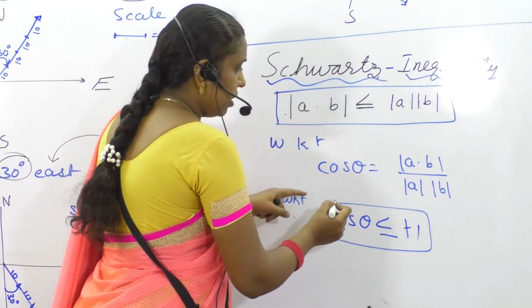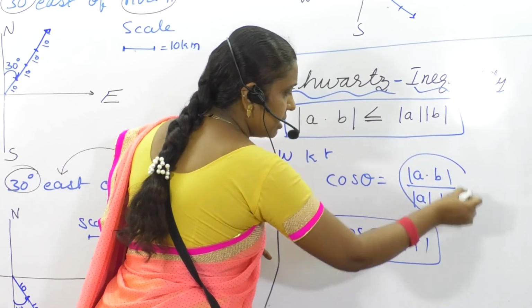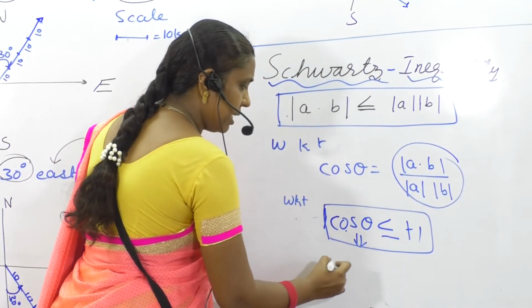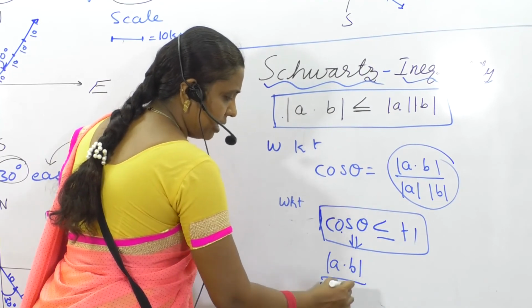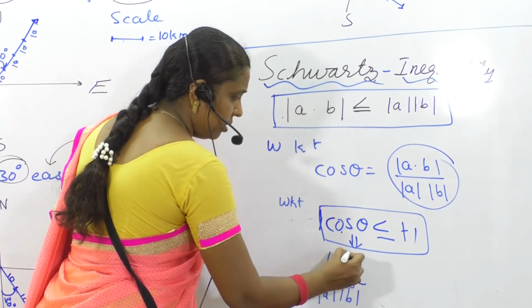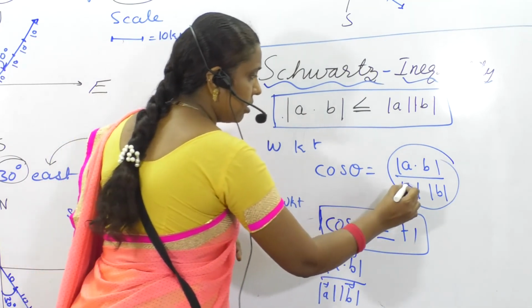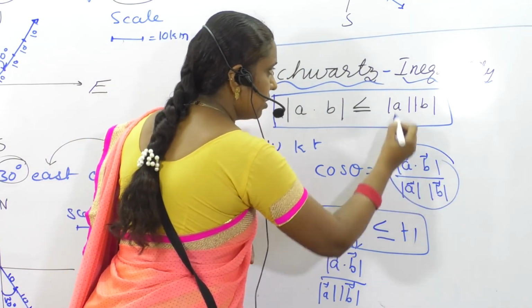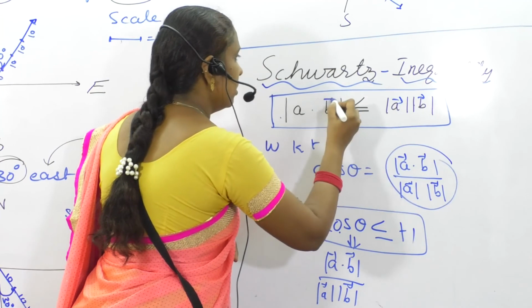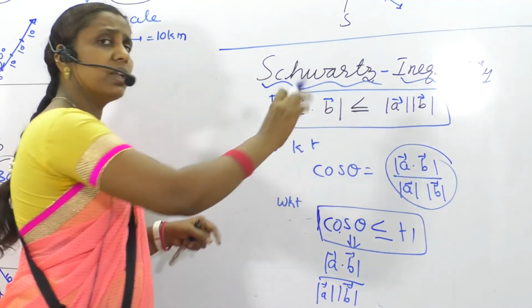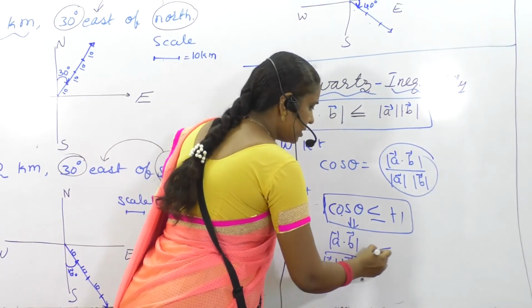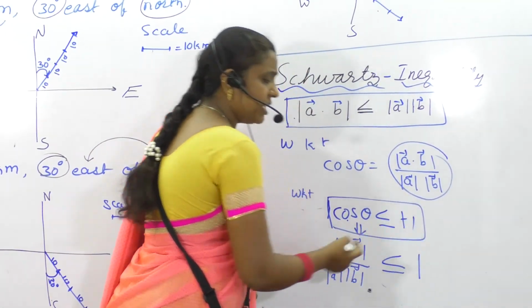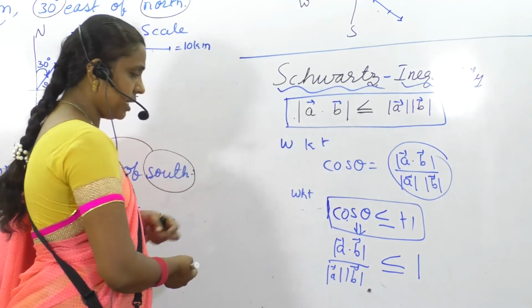Okay, cos theta. What is cos theta? Cos theta is this one. We will replace that cos theta by A dot B over magnitude A, magnitude B. Please put the arrow mark there above the expressions. This is fine. I told you, even if you put a simple line, that is also understood. It is less than or equal to 1, plus 1 or only 1, it is the same way.